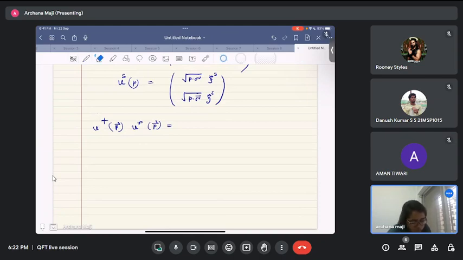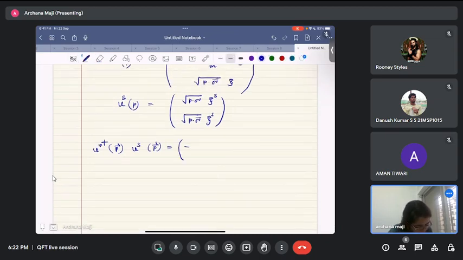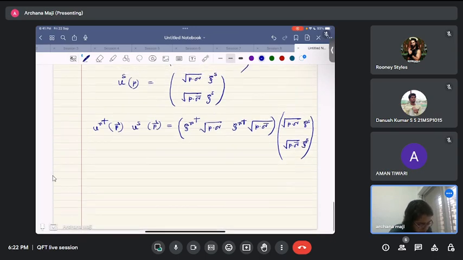So this would be xi^r dagger square root of p dot sigma, square root of p dot sigma bar, times square root of p dot sigma, and so on.